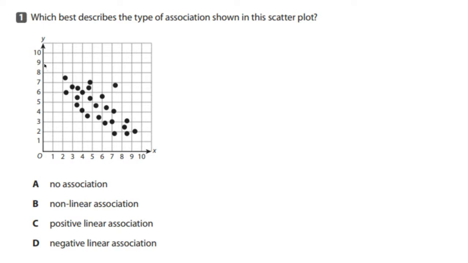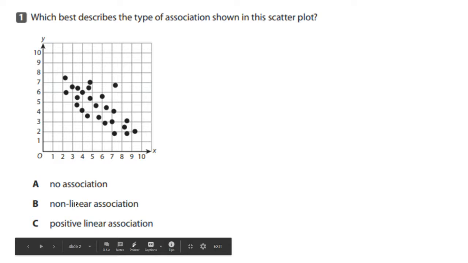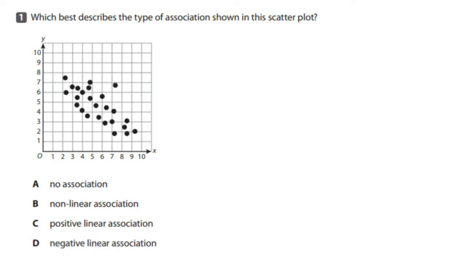Okay, so this question right here says, which best describes the type of association shown in this scatter plot? So no association, your scatter points are going to be all over the place. You're not going to be able to tell that they're trending up or trending down. Nonlinear is going to have a curve in it. It's going to make a shape, but it's not going to be a straight line.